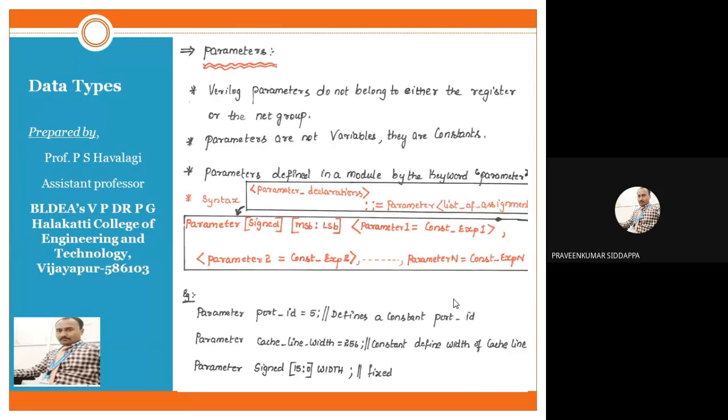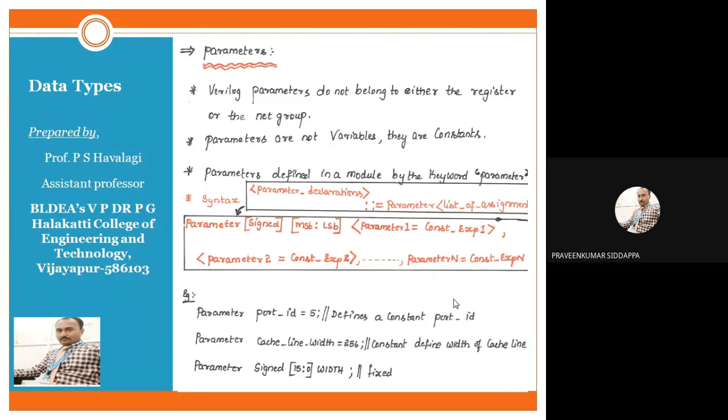Parameters are not variables; they are constants. Whenever we have constant numbers, like Planck's constant, those are all fixed numbers. If you are applying a fixed number to your code, at that time we have to use the parameter declaration.